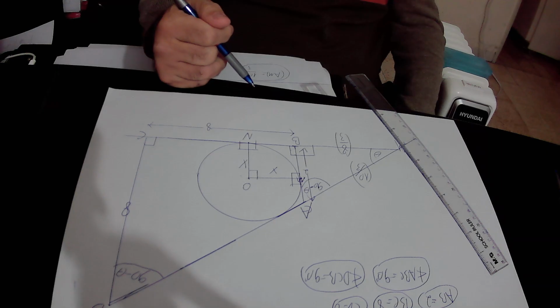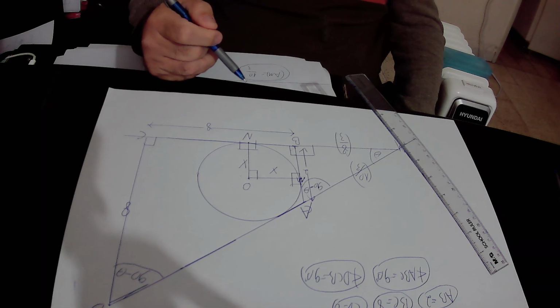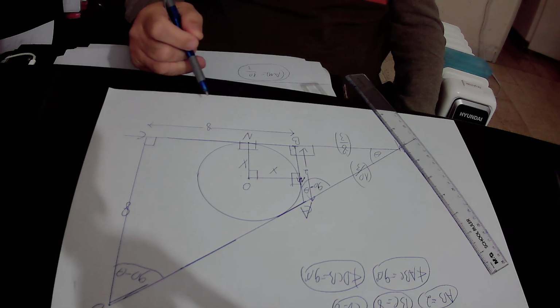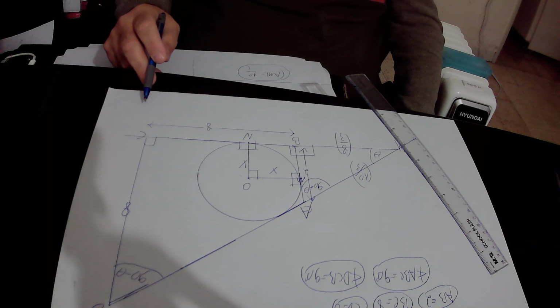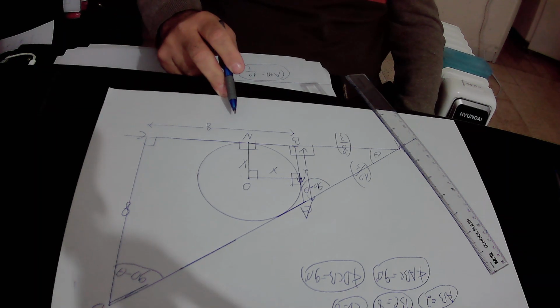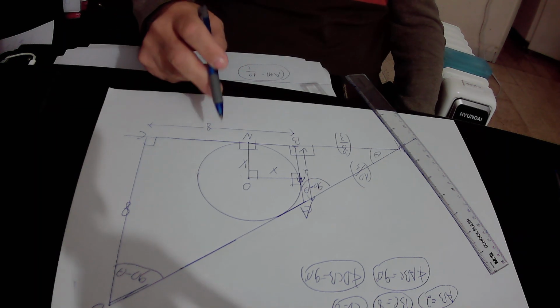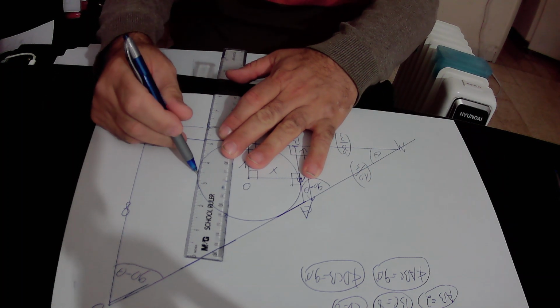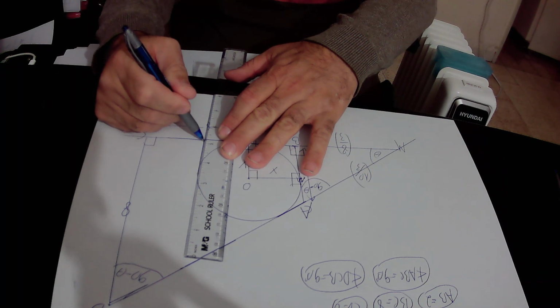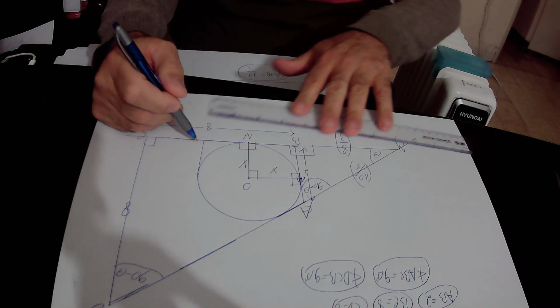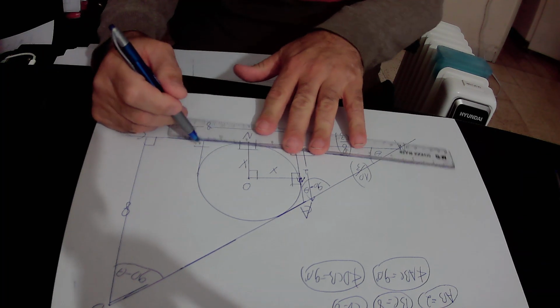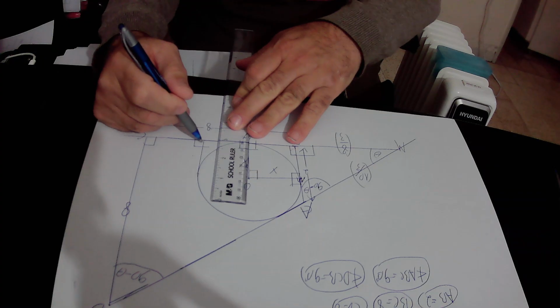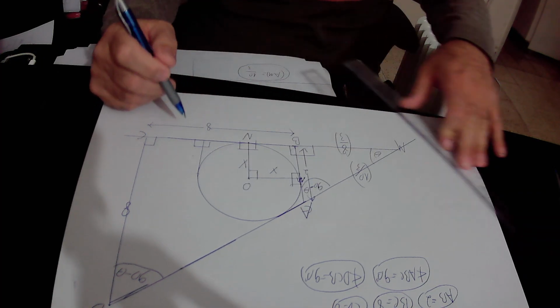Okay, so in the next step, we draw a perpendicular on BC in such a way that it will also be tangent to the circle. So this is a perpendicular, therefore this angle equals 90 degrees and this angle equals 90 degrees.